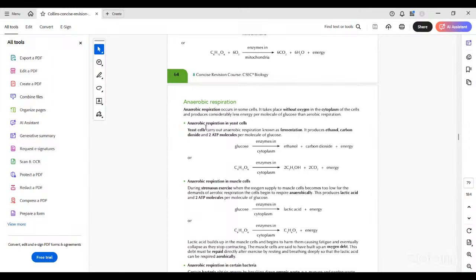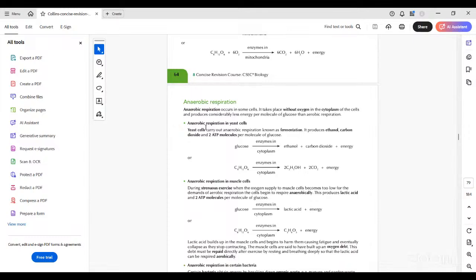The one we are familiar with is ethanol, right? So ethanol is a type of alcohol, which is the end result of yeast. That's why they use yeast in fermentation, right?